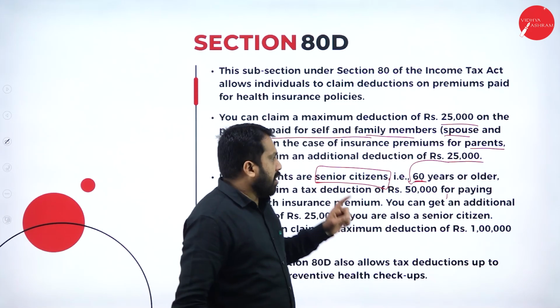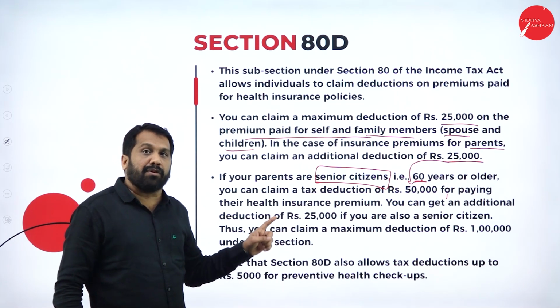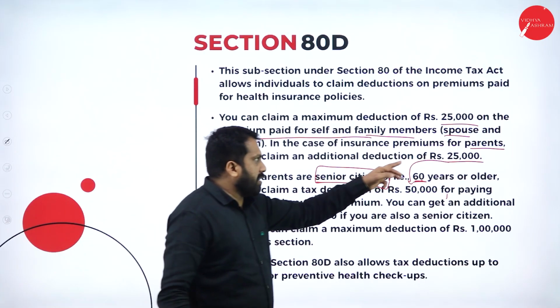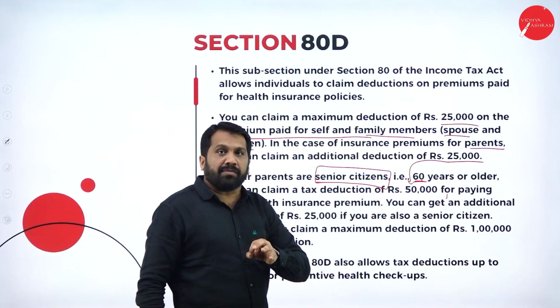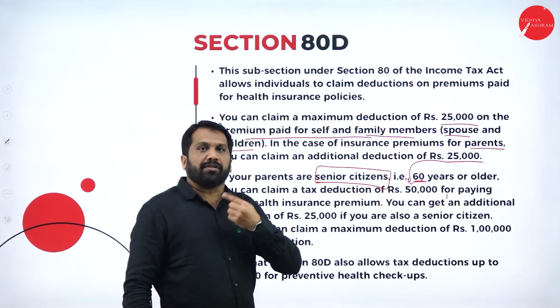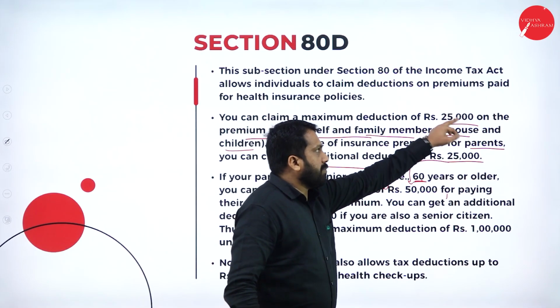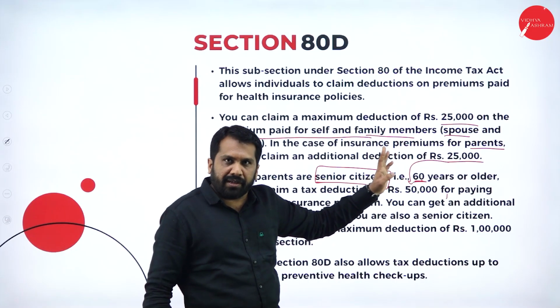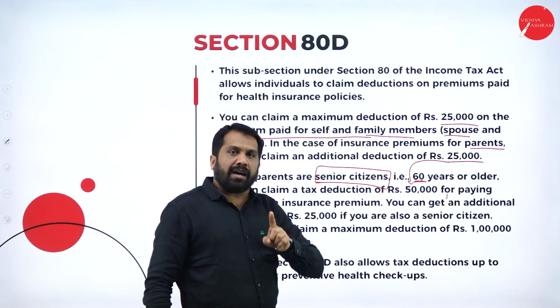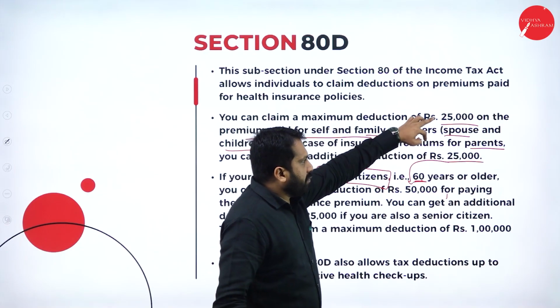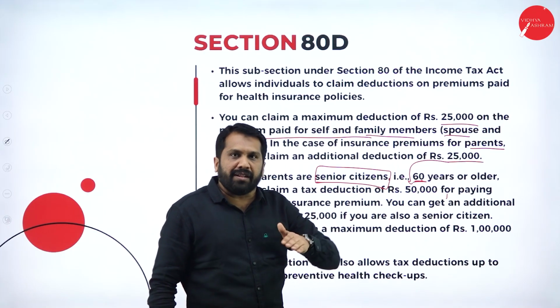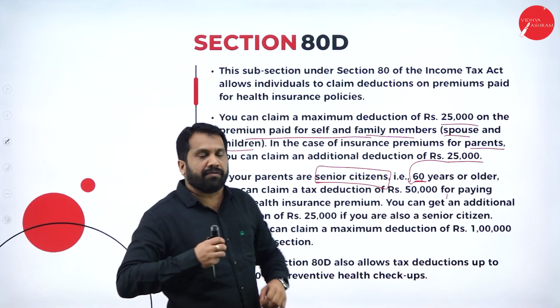In case your parents' age is above 60 years, the 25,000 will become double. It will be 50,000. Assume that your age is also above 60. That also doubles. It is 50,000. Hope you are clear. If yours or your parents' age is above 60, the actual limit of 25 will become double. It will be 50,000, 50,000.